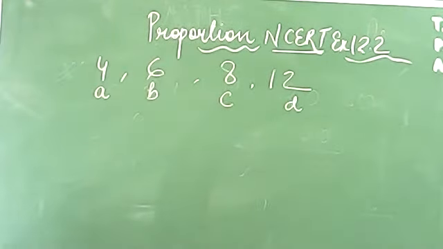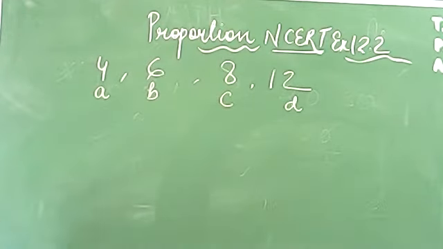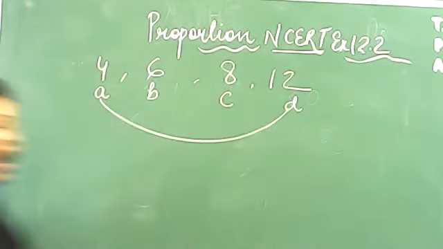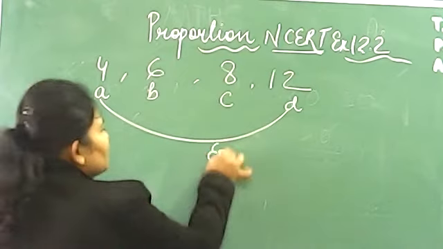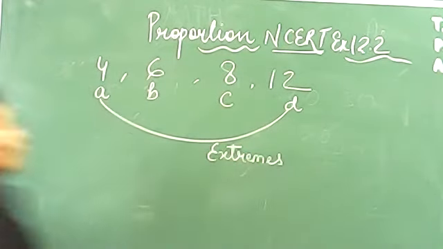Because you are choosing the quantity, so that is why I have taken the smaller units this time. A, B, C, D, small alphabets. ठीक है? Now remember the outer numbers which are written in outside the portion or exterior portion, we call them extremes. ठीक है? We call them extremes.